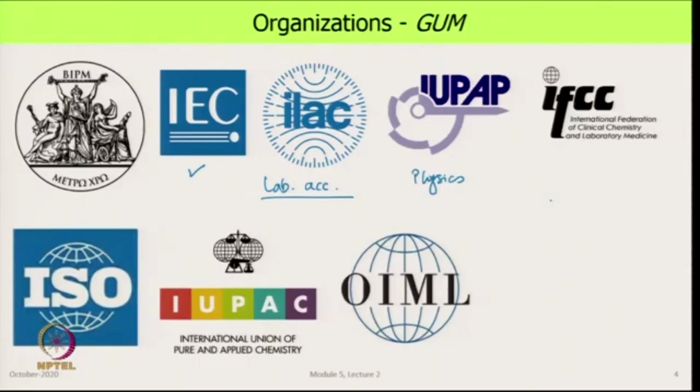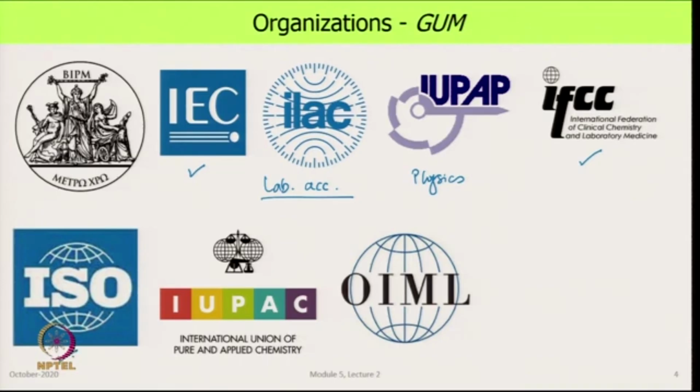Then you had IFCC, which is International Federation of Clinical Chemistry and Laboratory Medicine. In today's time, if you are looking at COVID-19 test methods, instruments, their calibration, their certification, their reliability, it would be an organization like this which would come into play. And for them also, this whole thing about uncertainty is very, very important.